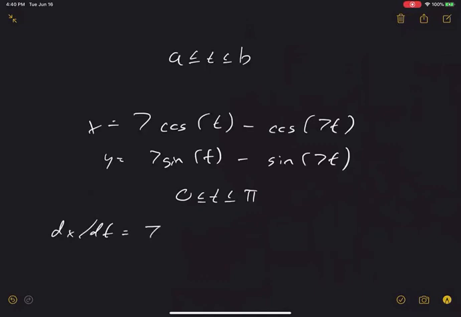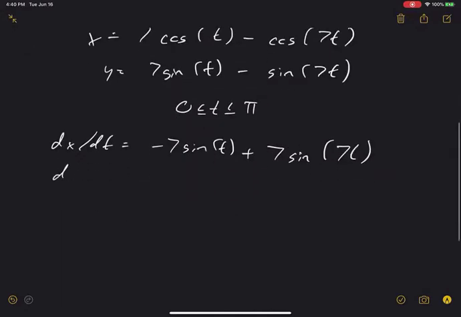That's going to be negative 7 sine of t, and then plus 7 sine of 7t. Wait, more precisely, plus 7 times 7 sine of 7t, as written. So that's dx dt. What's dy dt? 7 cosine of t minus 7 cosine 7t.